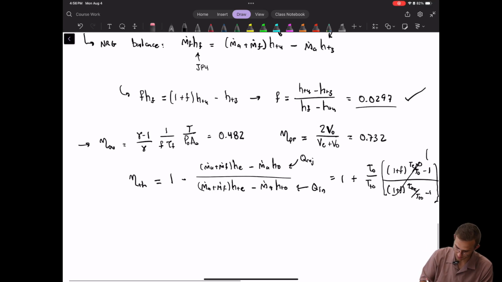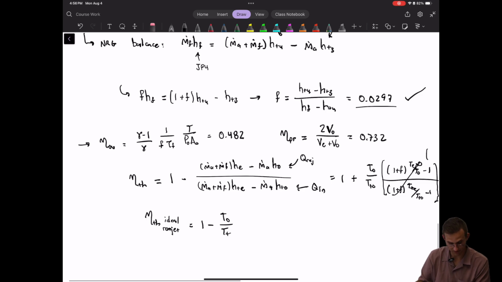Okay, and so the thermal efficiency of the ideal ramjet is equal to 1 minus T naught over Tt naught, which is interesting, so keep this in mind for a moment. We'll compare this to the Brayton cycle, for example, which is 1 minus T naught over T3.